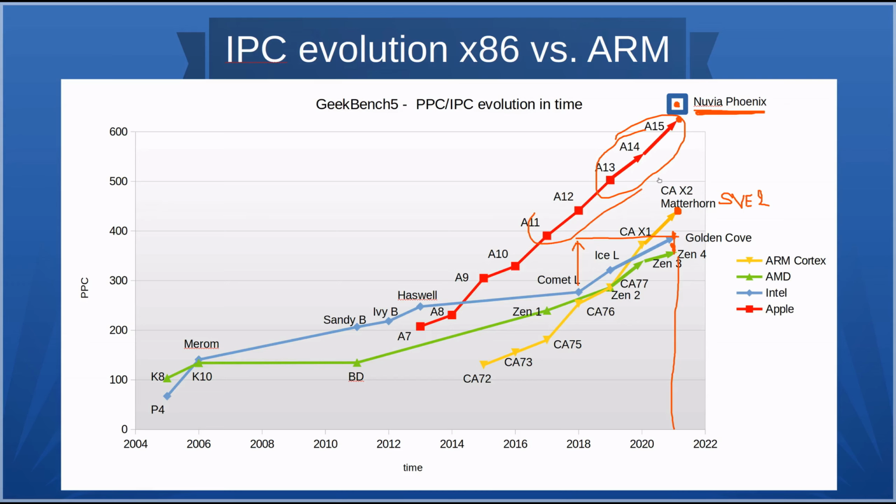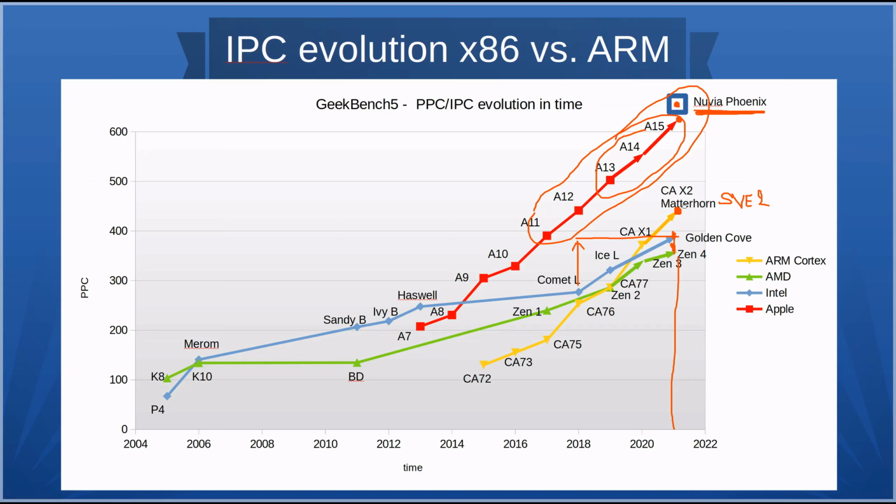This is the same guys who engineered this core. So no wonder that it has high IPC. And actually, these Cortex cores are trying to catch Apple. So they will probably continue this really steep slope. They will try to catch Apple and Nuvia.